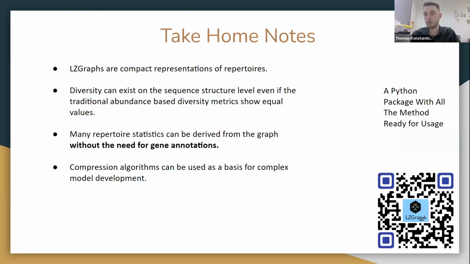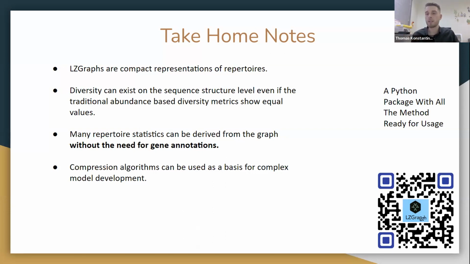I have a few take-home notes to conclude this presentation. So LZGraphs are a really compact representation of repertoires. They strive to achieve the same compression ratios as regular zip files, but they allow us direct inference. Diversity can exist outside abundance-based measures such as Hill curves and entropy-based measures, and can be measured directly from the sequence structure.